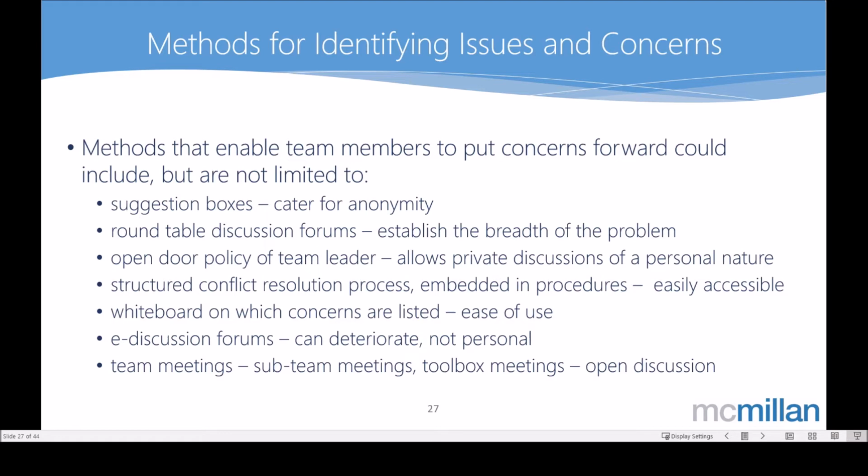So things such as a common SharePoint page or an intranet page where people can, through an anonymous login or some type of anonymity, make suggestions or raise issues or concerns that they have. That can be, as I said, on an online platform. It can be a whiteboard or notice board in a common area, or it can be the old school input box in the corner of the tea room or something like that.